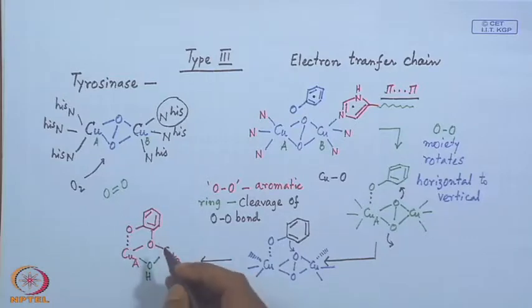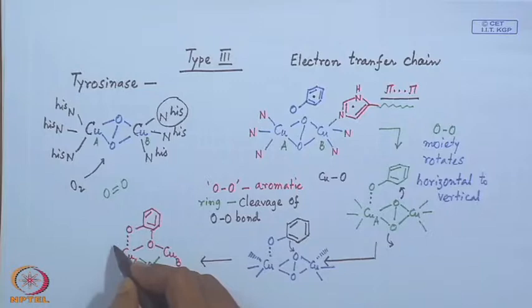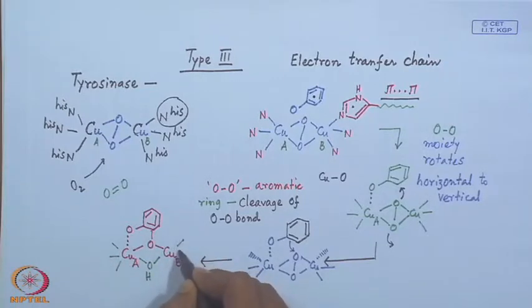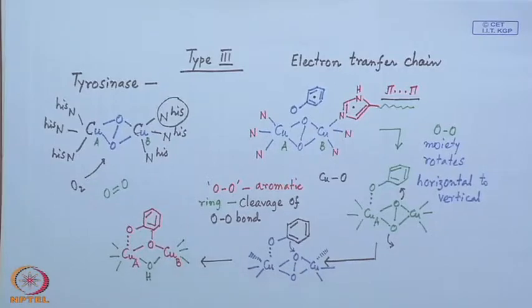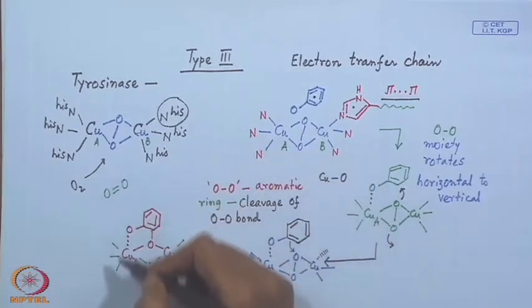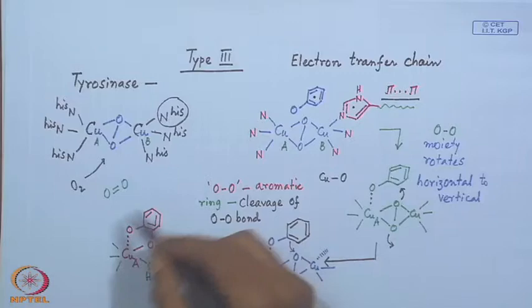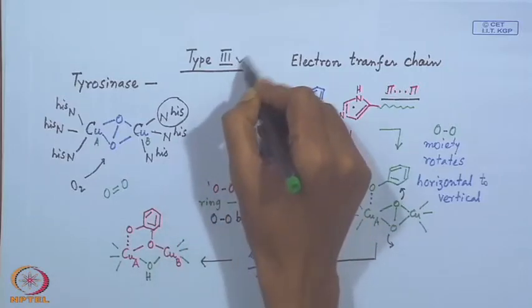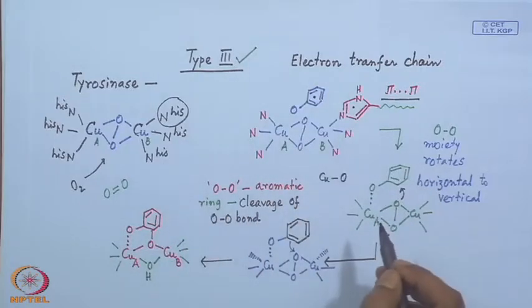So, basically what people have characterized, because you never know which particular species you are going to characterize for all these biological systems, and identification of this particular part, that means this copper part as a type 3 unit, is very important.